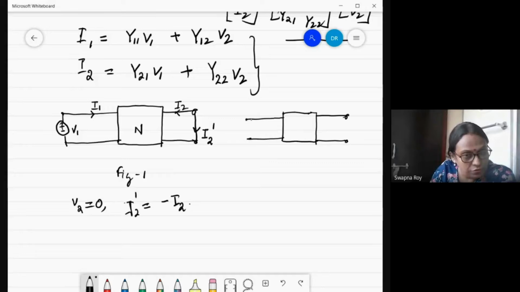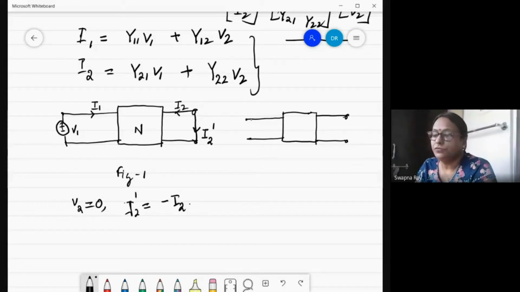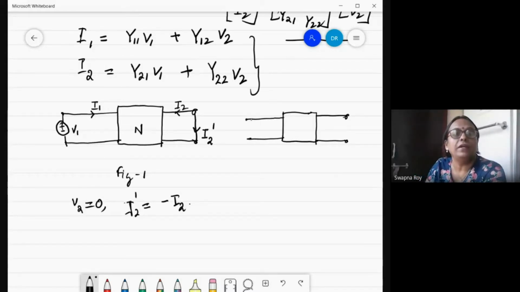Any doubt? As I'm shorting this, this I2 is actually minus I2. I2 dash is equal to minus I2. So putting the values, when V2 is equal to 0, I can get the value of Y11. This one is equation 1, this is equation 2.